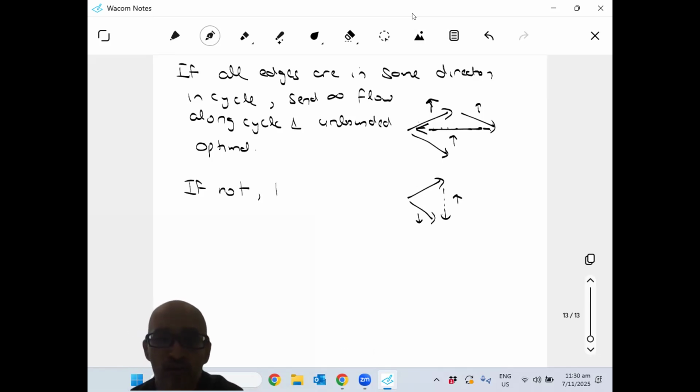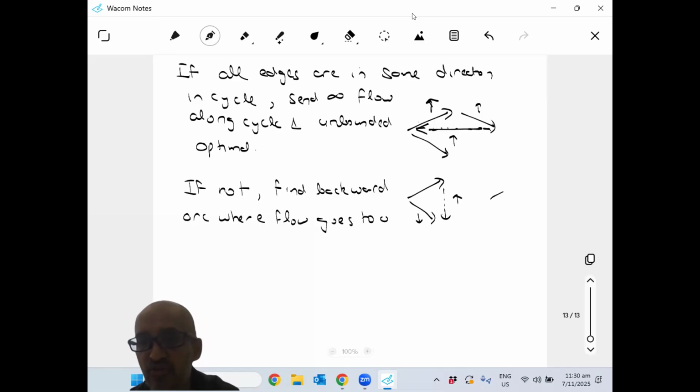So if not, find the backward arc where flow goes to zero. This will enter the basis and this will leave the basis. So you'll have a spanning tree which now looks like this, and you move to a new tree solution.